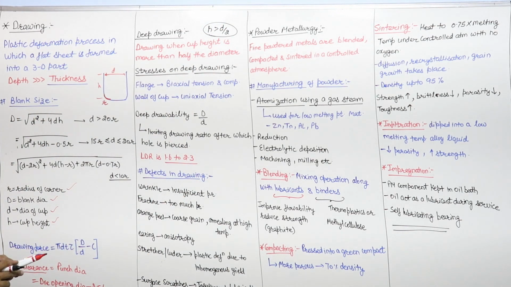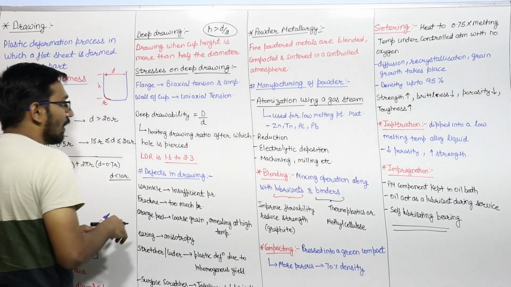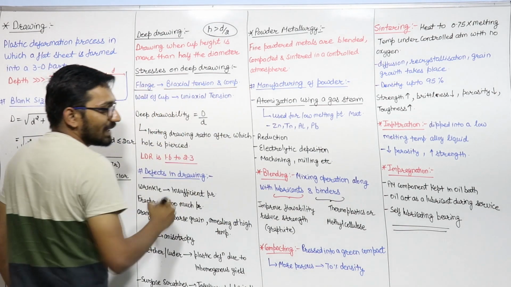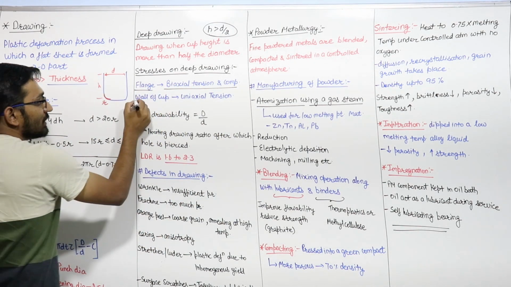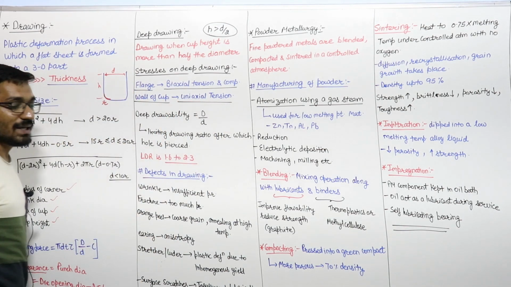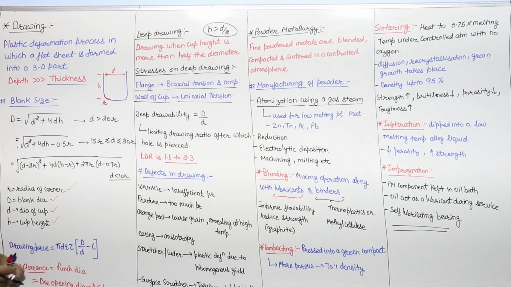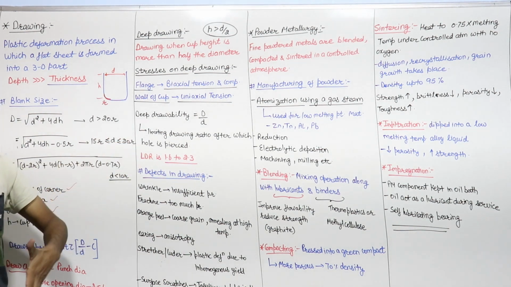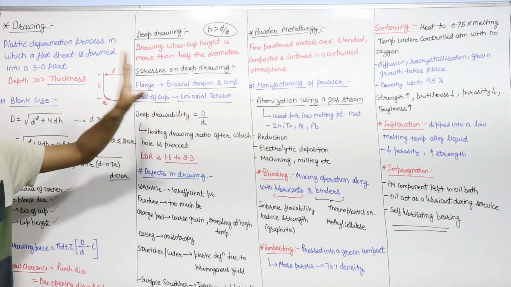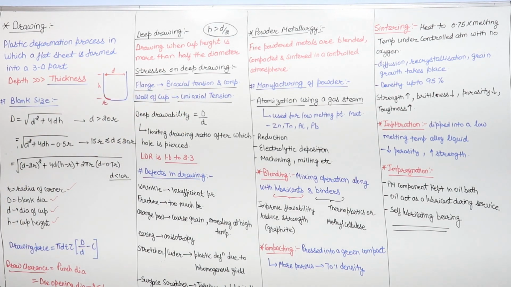As for the various stresses acting in deep drawing, on the flange of the sheet it is biaxial tension and compression, and on the wall of the cup we have only uniaxial tension.